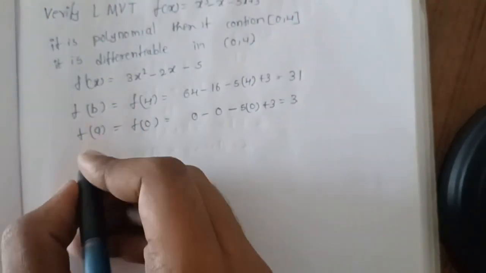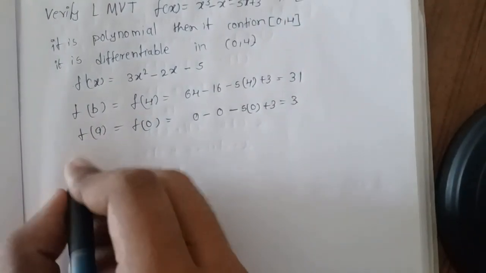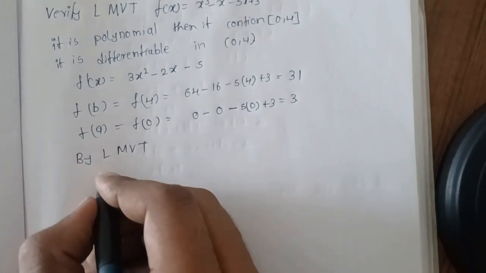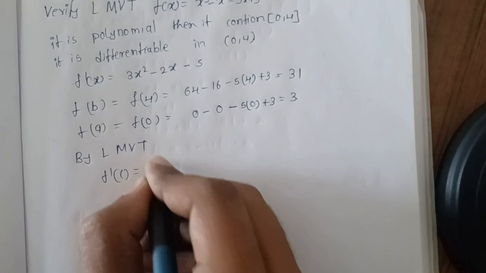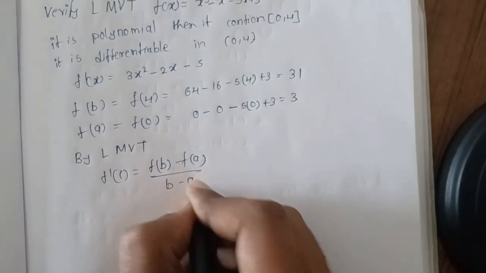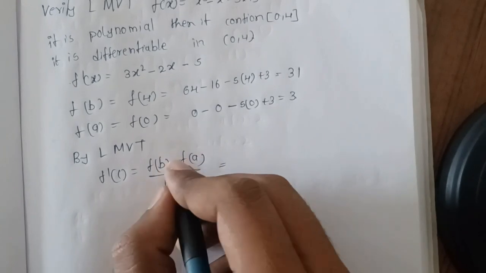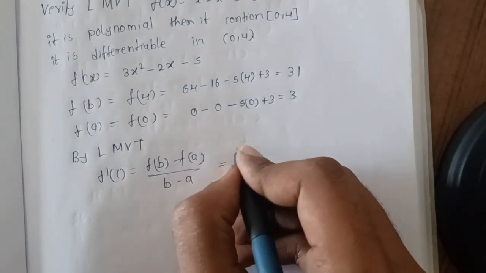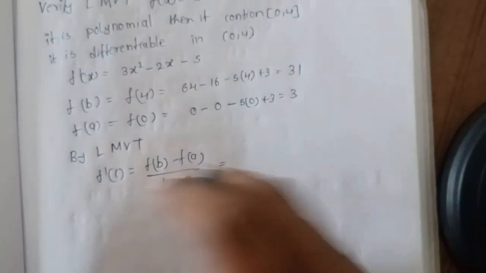And the next, by using LMVT, f dash c is equal to f of b minus f of a by b minus a. We have to substitute f of b, f of a and b minus a here, and equate this to f dash c.